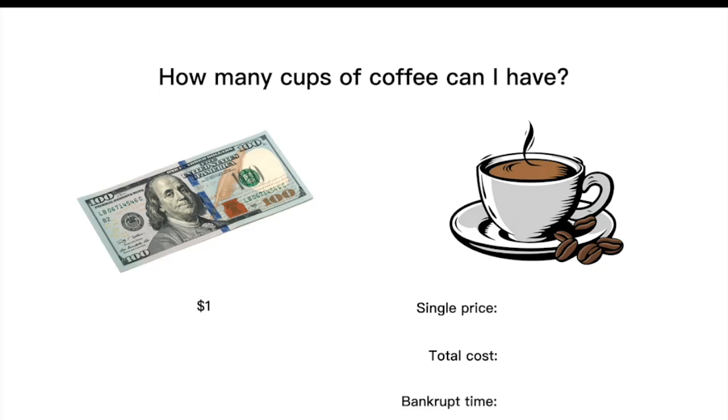Using probability language, the price of each cup of coffee is independently uniformly distributed on 0 to 1. And the total cost for the first n cups of coffee is of course the sum of Xi up to n. If we cannot afford the next cup of coffee, then that is our bankrupt time.